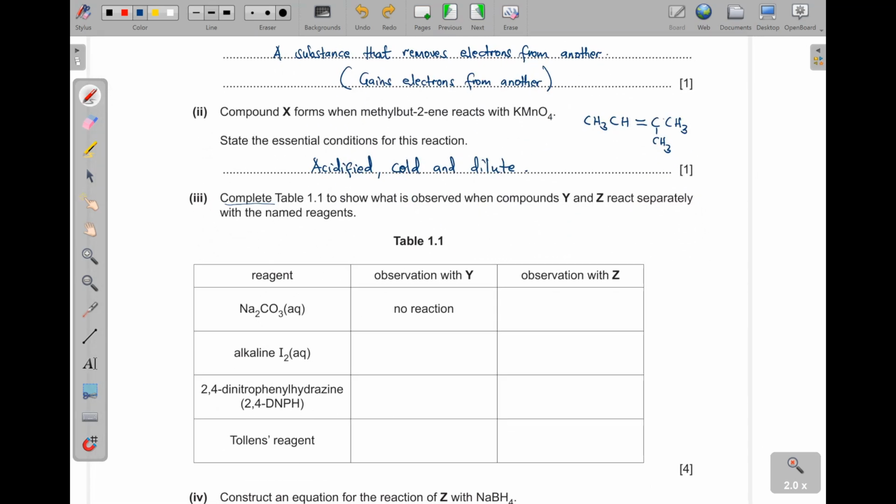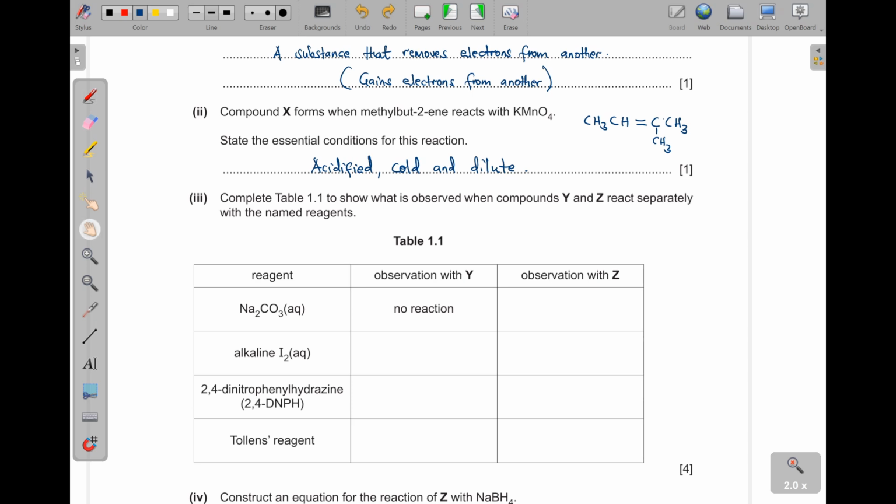Then complete table 1.1 to show what is observed when compounds Y and Z react separately with the named reagents. Then the first one here is sodium carbonate. They are saying with Y, no reaction.